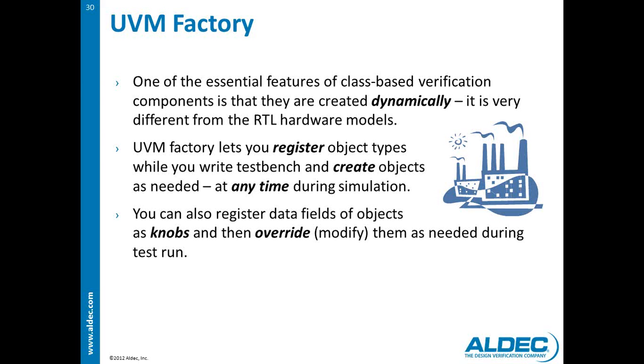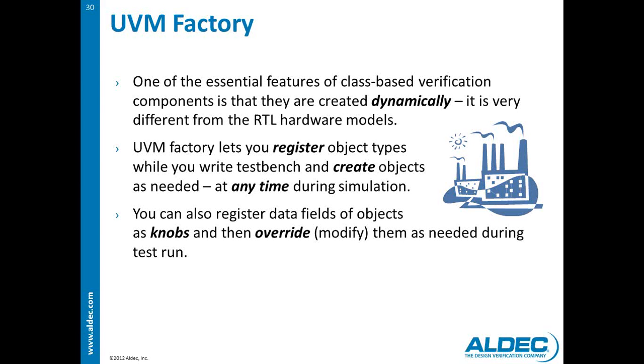You can also register data fields of objects. That concept is known as knobs, and you can guess why that name was selected. Most typically, you are using knobs to fine-tune parameters of your verification components.